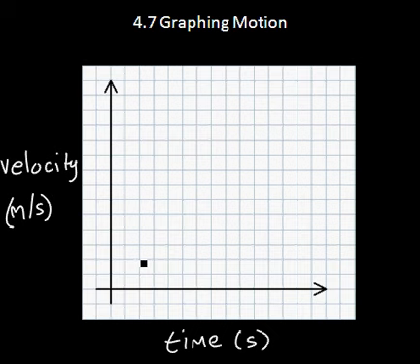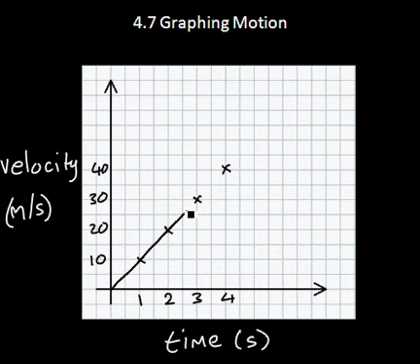If I plot now something that's changing by the same amount every second, if there's 1 second, 2 seconds, 3, 4, and if I make the velocity 10 meters per second, 20 meters per second, 30, 40, then again I've got a line that goes through these points.